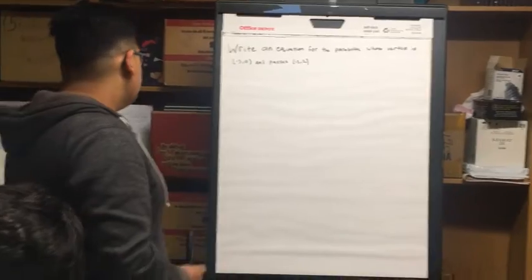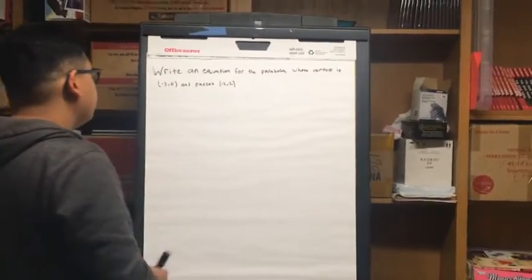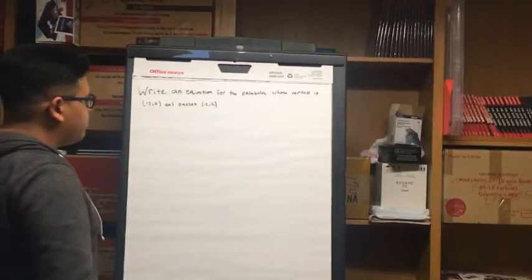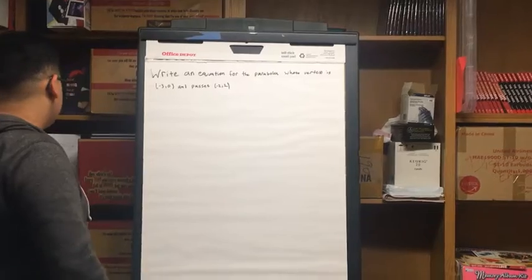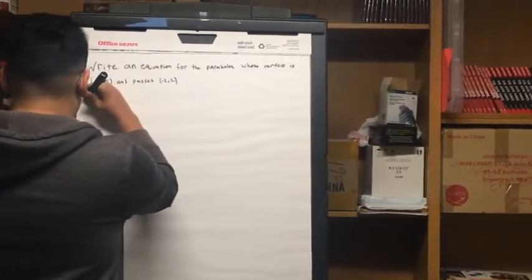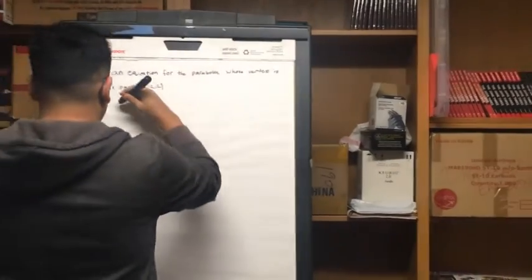So this is going to be another example from the previous one that we just presented. The question is, write an equation for the parabola whose vertex is negative 3, 0, and passes through negative 2 and 2. So step 1, you're going to use the vertex formula.